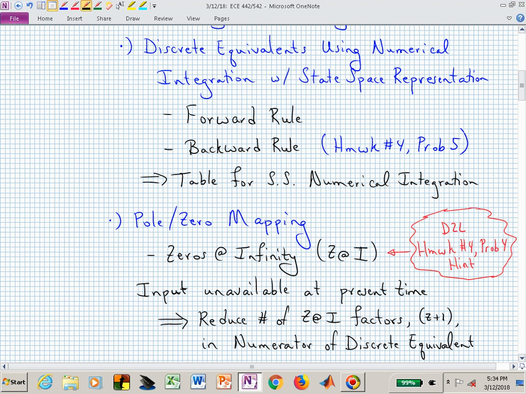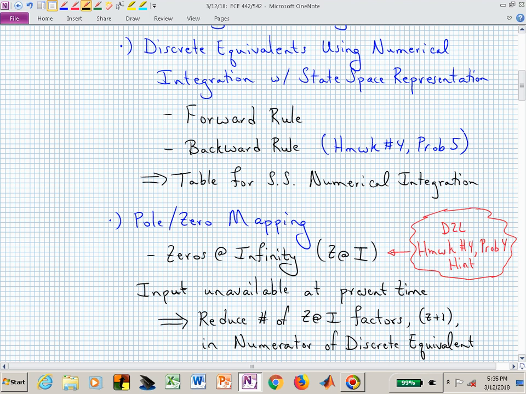The reason is that MATLAB maybe doesn't map all of those zeros at infinity into z plus 1 factors. If you had 2 zeros at infinity, MATLAB may only map one of those into a z plus 1 factor in the numerator of your discrete equivalent.